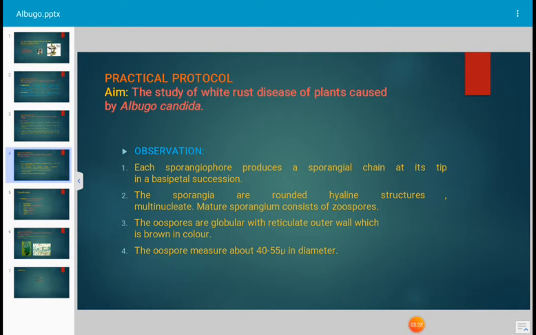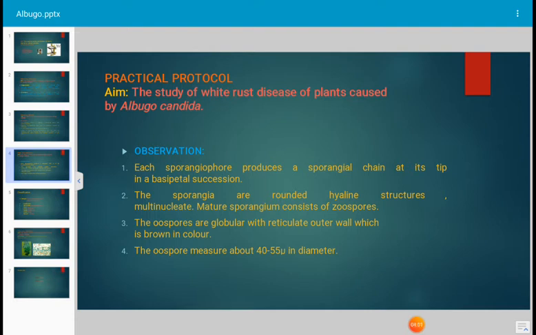The production of sporangia is in a basipetal succession: the youngest sporangium is at the base, just above the sporangiophore, and the older sporangia are at the top. The formation of sporangia in this way is described as basipetal succession.